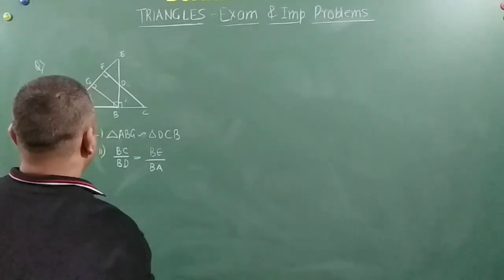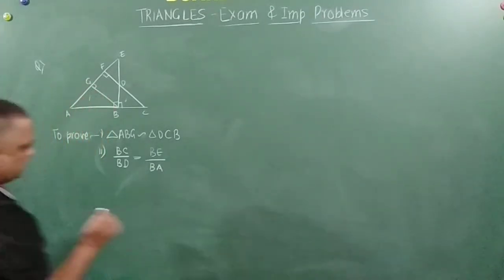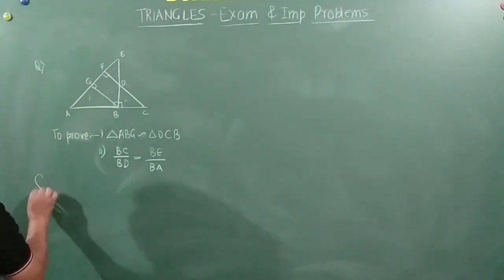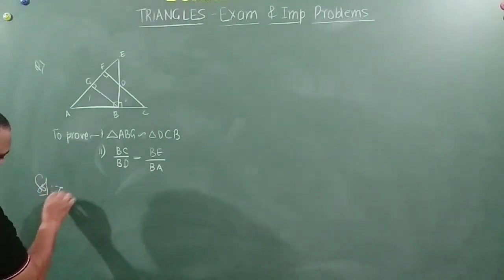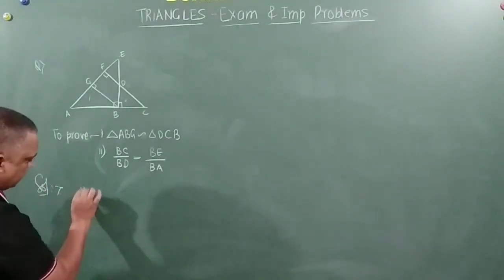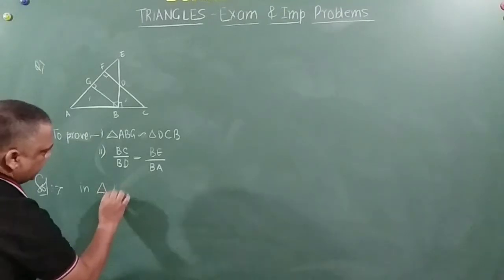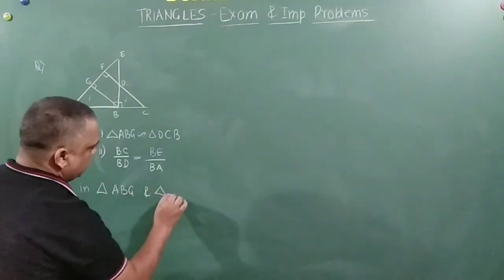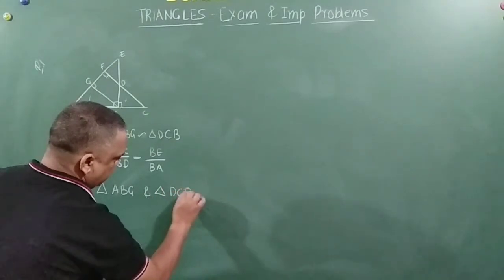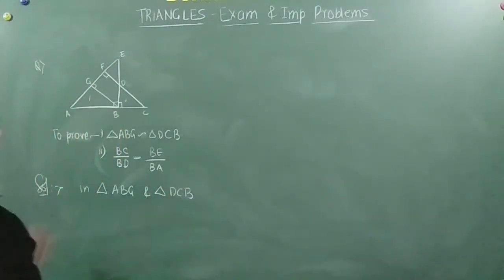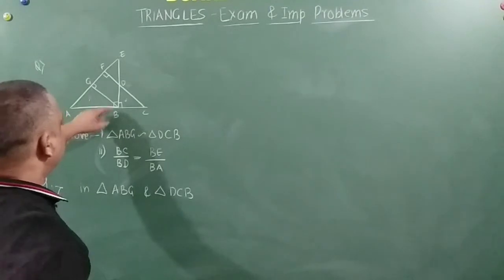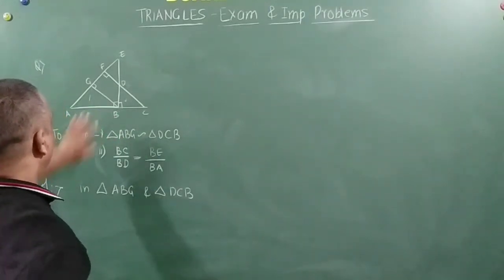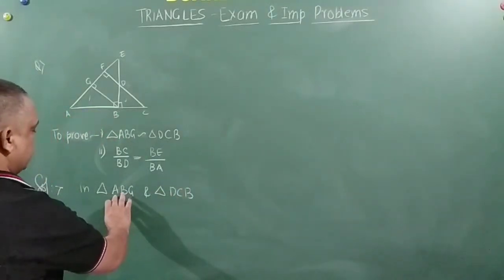Right? So considering triangle ABG and triangle DCB, right? So angle B is equal to angle, once again, I'm considering ABG.